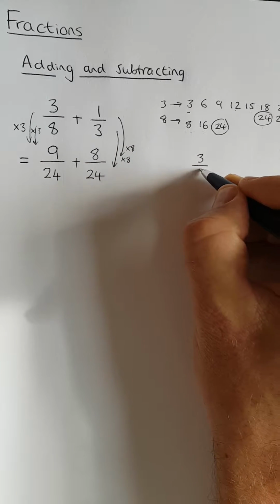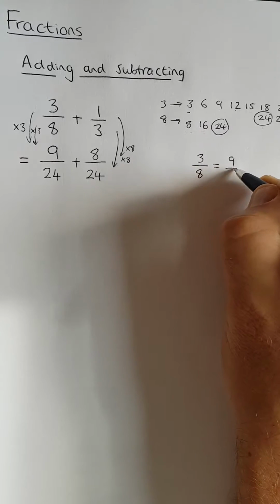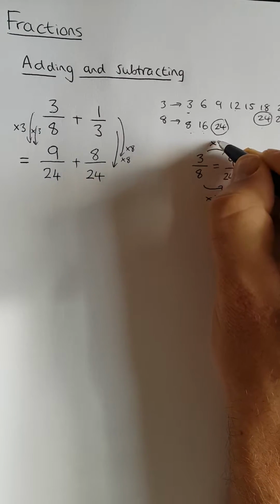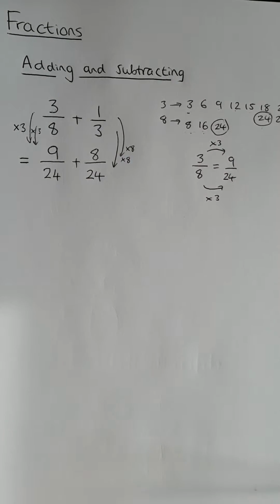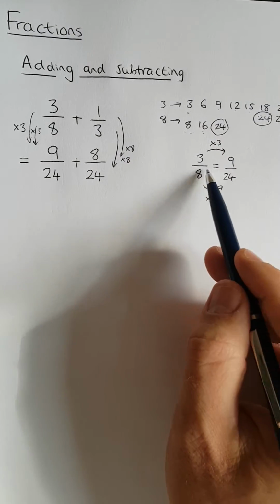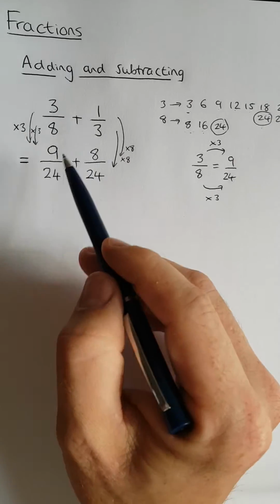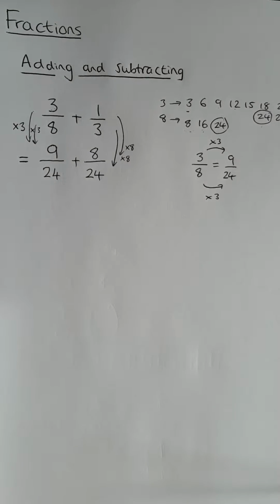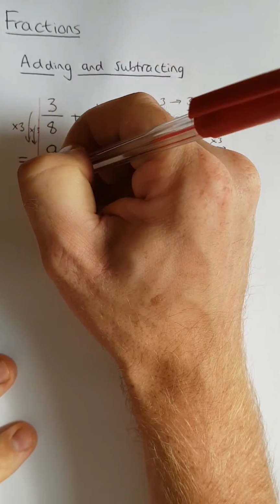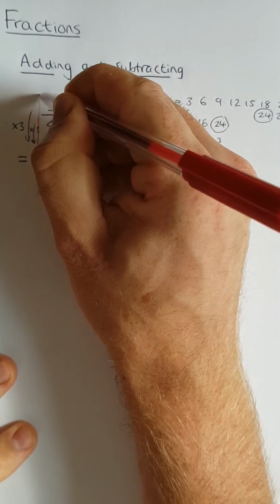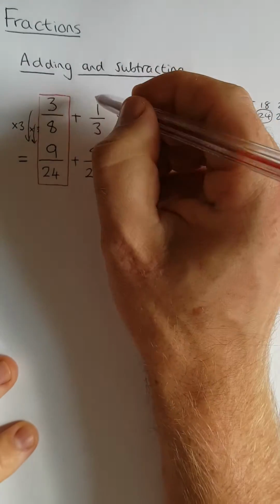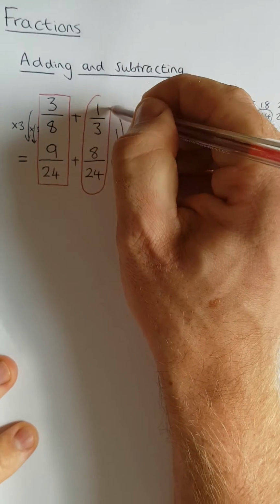Before, we wrote our equivalent fractions like this. Unfortunately, setting them out side by side here doesn't help in your layout for your adding and subtracting. So what you've done effectively is you've done it here and here, and then here and here.